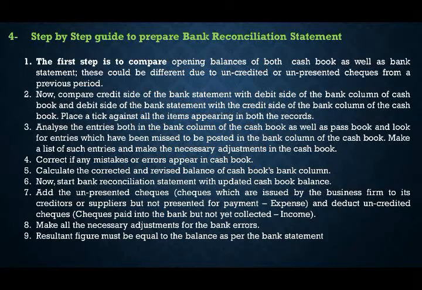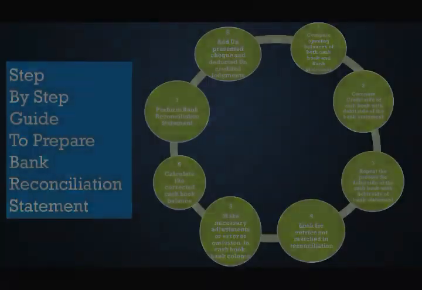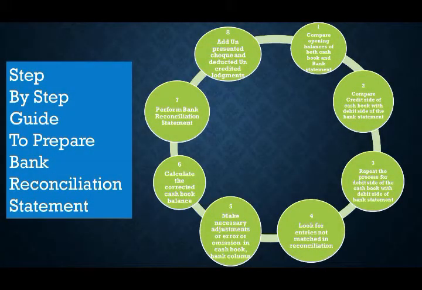The last step is that the resultant figure must be equal to the balance as per the bank statement. You can see from the slide these are the major steps involved in the preparation of the bank reconciliation statement, starting right from comparing opening balances of both the cash book and bank statement, and ending on adding unpresented checks and deducting uncredited lodgements within the calculation you are performing.